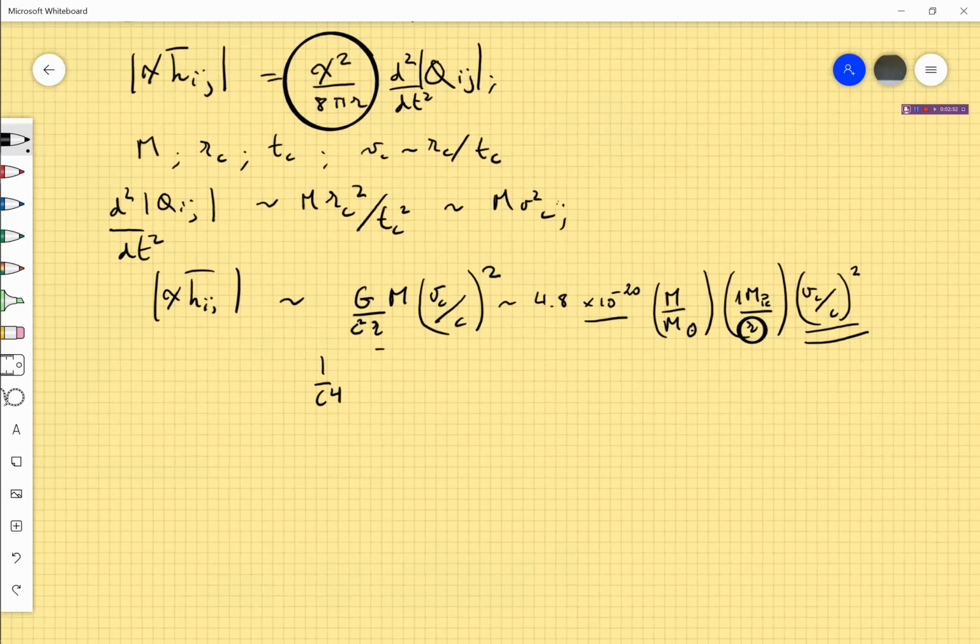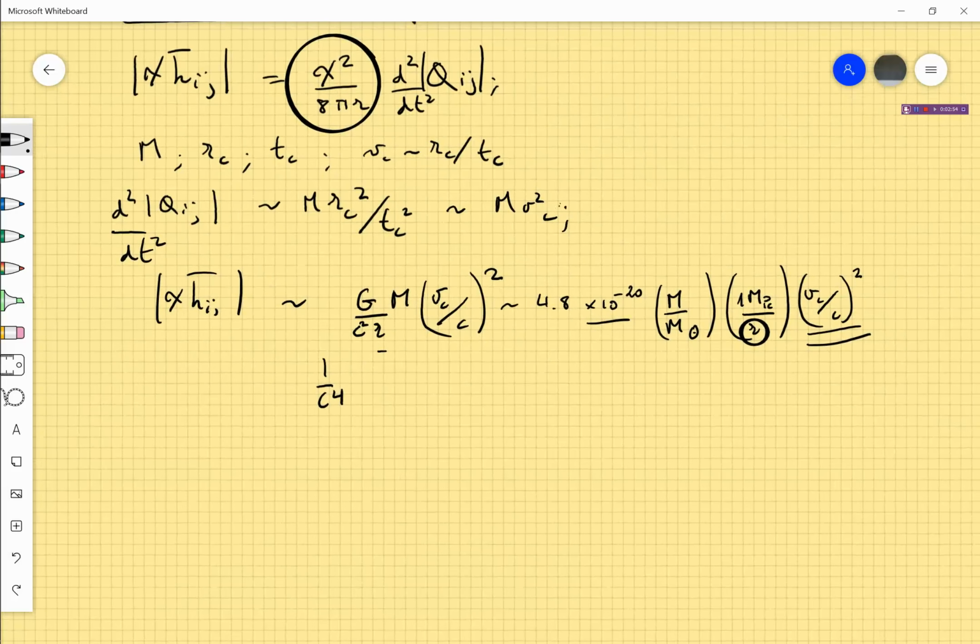So the next thing that we have to do is to try to compute this for interesting systems. So this means in this Qij. Interesting systems will be, for instance, systems of two stars that we can approximate as a set of particles, say two particles.